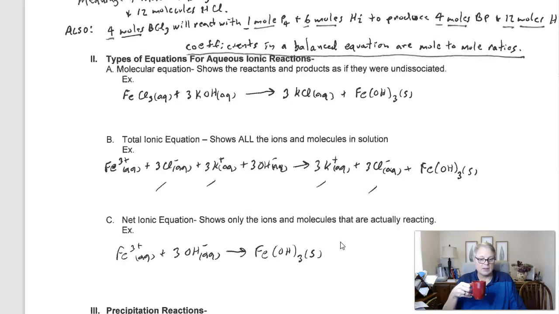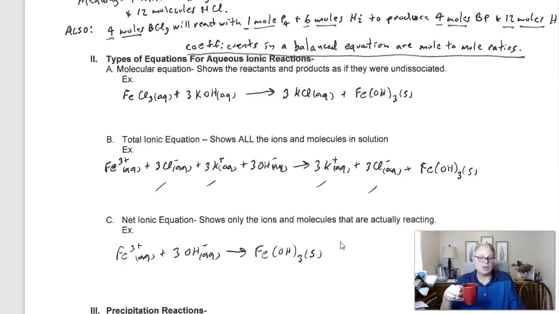Maybe you can get all the sodium out of there. Maybe a little bit of chlorine. But you don't write that in if it's not reacting. You just kind of leave it out because it's not doing anything. It's sitting in there just kind of floating around. So it's extraneous information. So yeah, you actually write more net ionic equations than you think you do. But that's how that works.